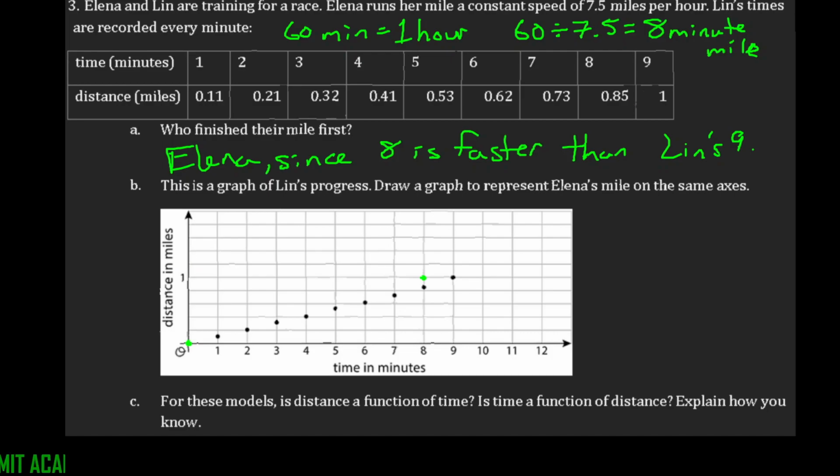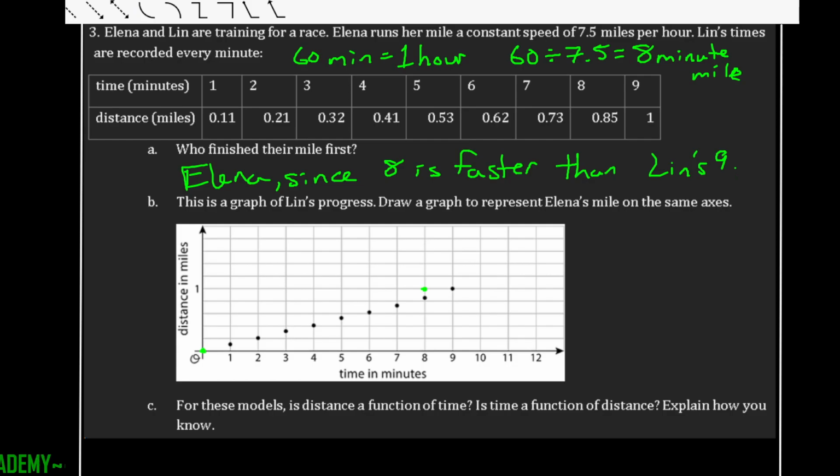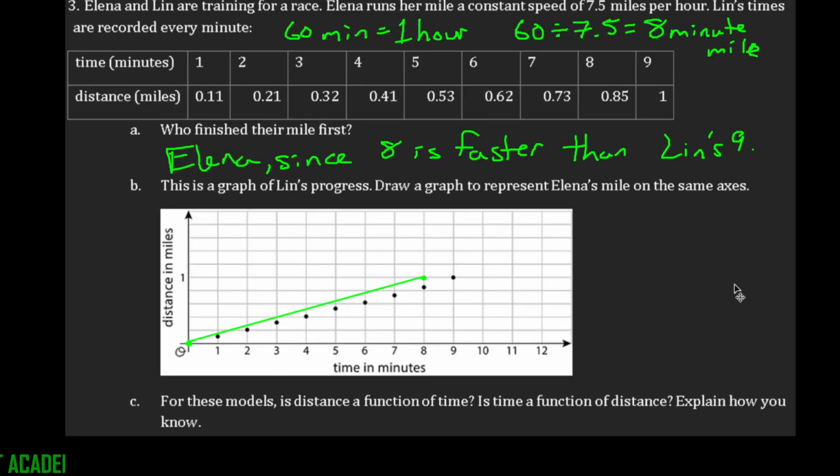So since we have our 2 points, we can graph our line. And so I'm going to connect those 2 points, real simple. And since they stop after 1 mile, we don't have to keep going. So we can draw a graph, something like that. That makes sense because it's a straight line because it is constant speed. And it's going to be faster, which is why it's just slightly higher on the graph.